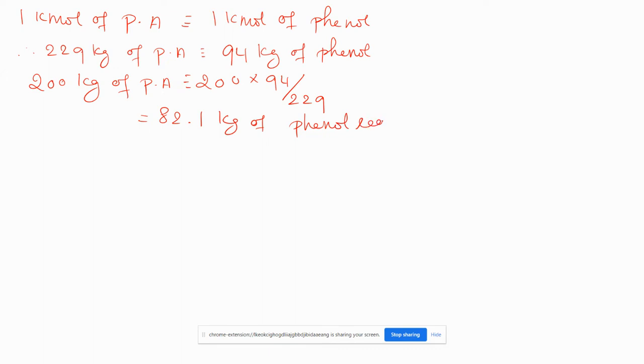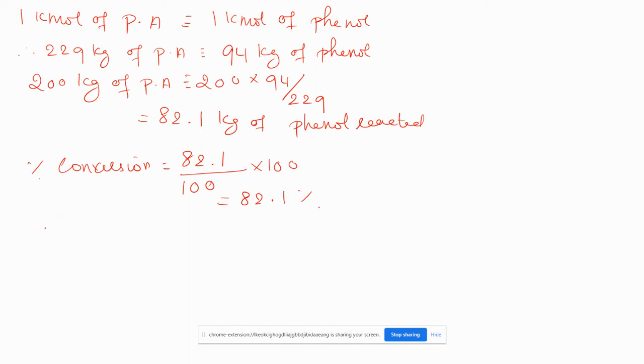Okay, so now we have found the phenol reacted. So now we can find the percentage conversion. So what is the formula for percentage conversion? Phenol reacted divided by phenol in feed. Phenol reacted is 82.1. Phenol in feed is 100, into 100. So the percentage conversion is 82.1 percentage.